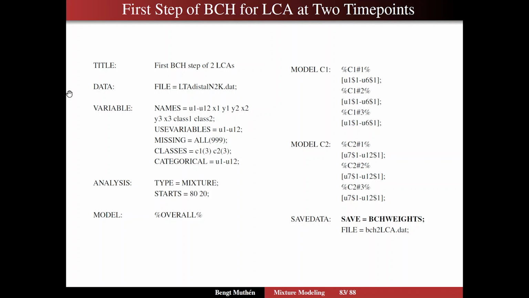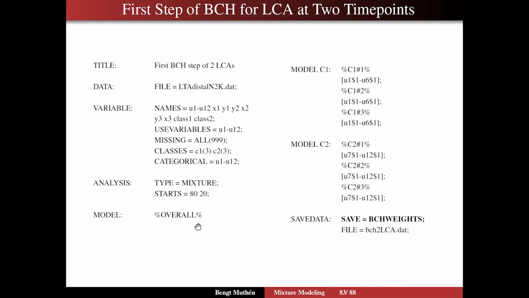Slide 83 shows the first step of BCH for this LCA at 2 time points. So it's the familiar data set up here. And now part of this approach is for the use variable list to include all 12 indicators. So indicators from both time 1 and time 2. So we have 2 latent class variables.